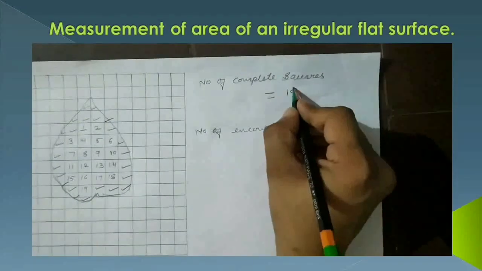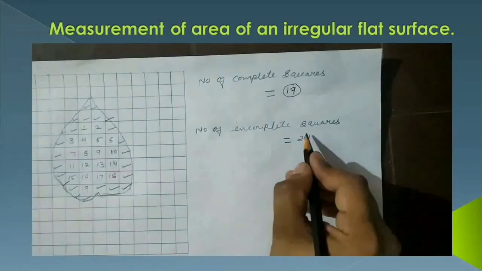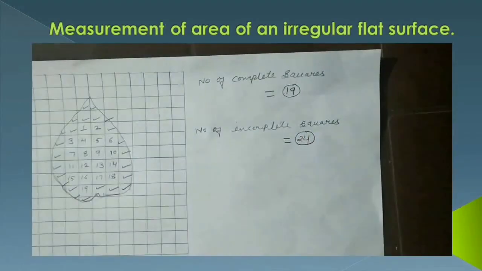That means the number of complete squares is 19 and the number of incomplete squares is 24.